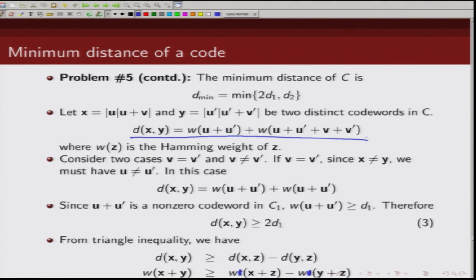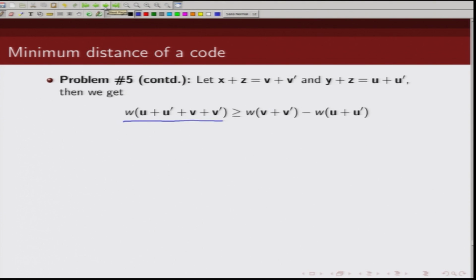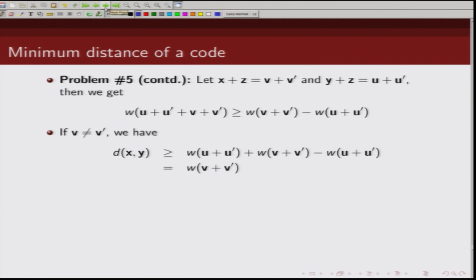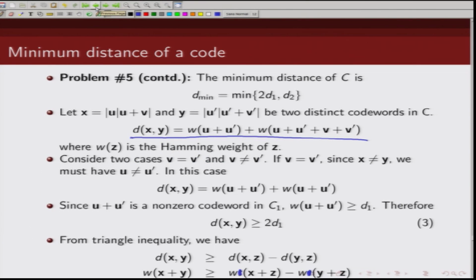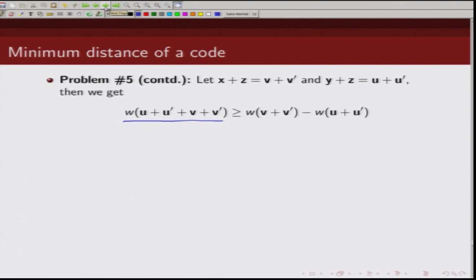So, the Hamming distance between x and y, this term we lower bounded by this quantity. If we plug that in here, we get that the Hamming distance between x and y is greater than or equal to this term, which comes from here, and this term is lower bounded by this term here.